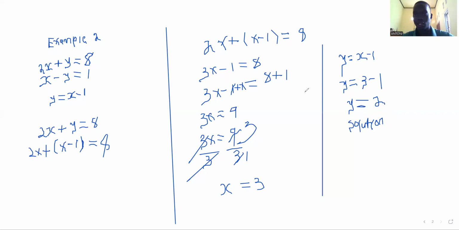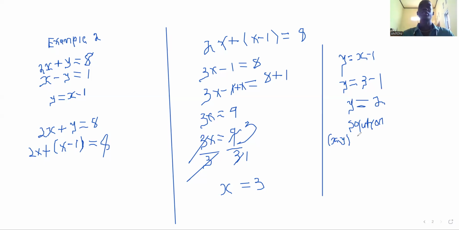So the solution is that y... Sorry, this is delaying me too much. This issue of writing on the whiteboard, sometimes the writing is not clear.